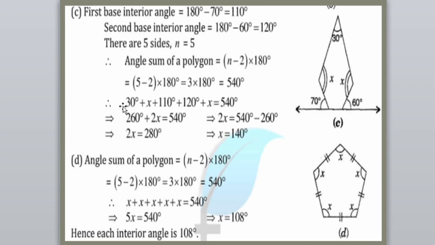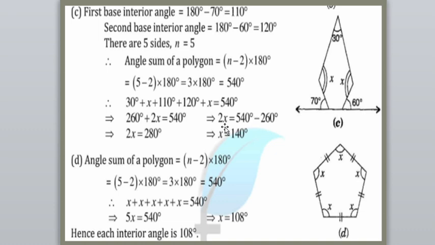So now we will add it. So that is 30 plus 110 plus 120 equals 260 degrees, and x plus x is equal to 2x. So that is 260 degrees plus 2x equals 540 degrees. So now we can transfer 260 degrees to the other side in the form of subtraction.